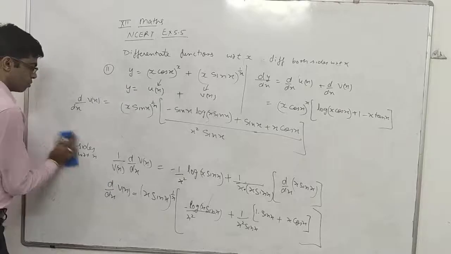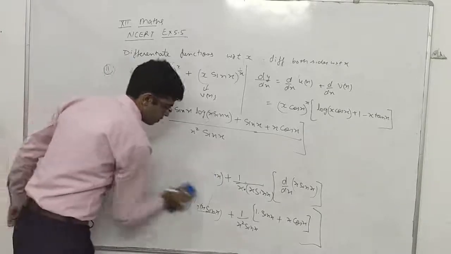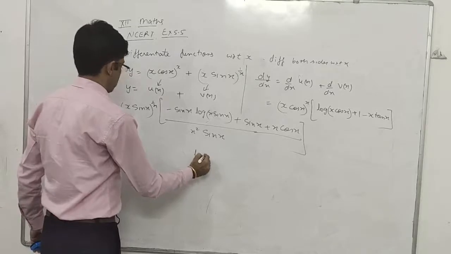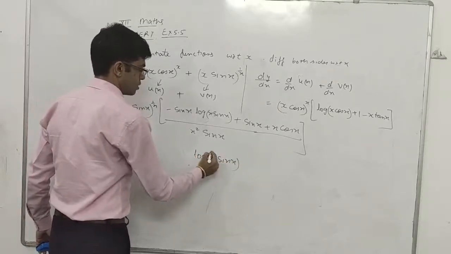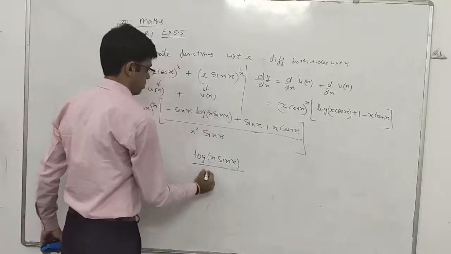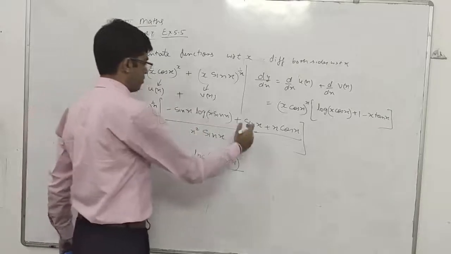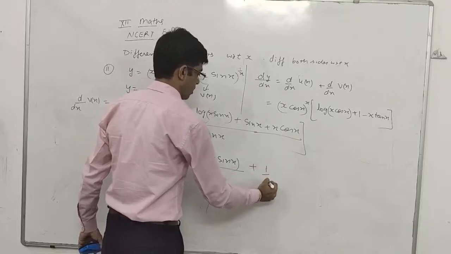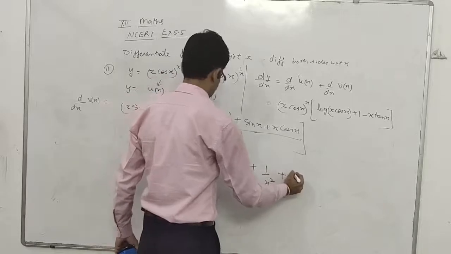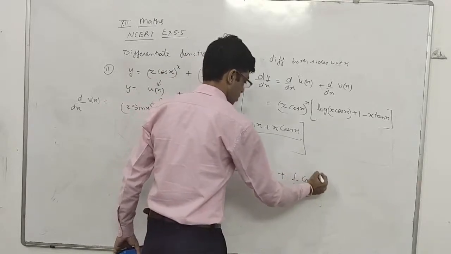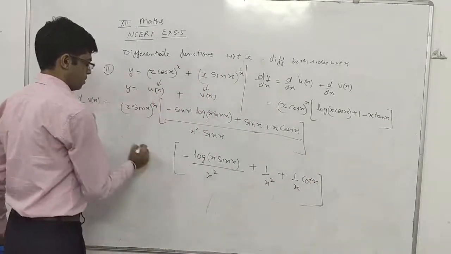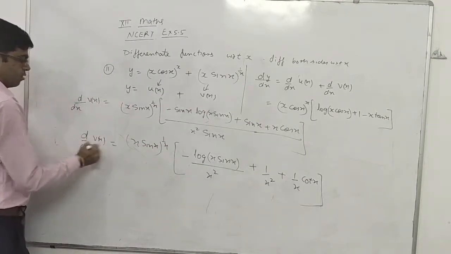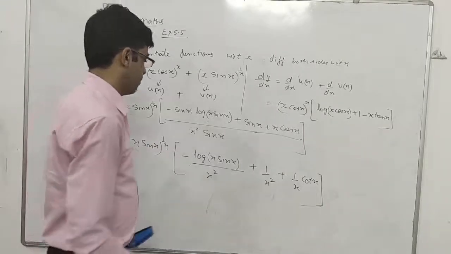We can simplify this more also. Log (x sin x) upon x square separately, and 1 upon x. d by dx of v(x), we can combine this.